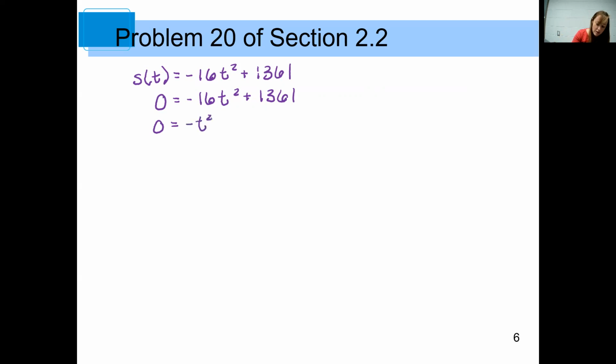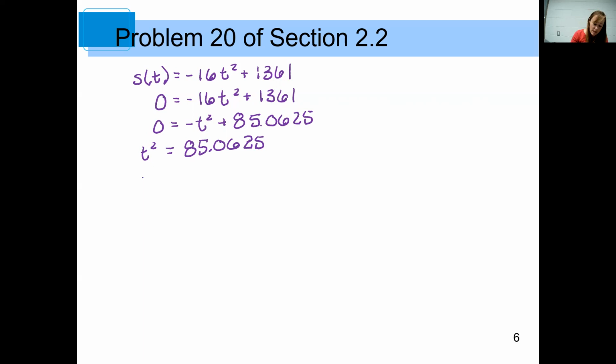When I divide both sides by negative 16, we end up with plus 85.0625. And again, I'm not considering significant digits, so you might want to pay attention to that. So when we add t squared to both sides, t squared equals 85.0625.